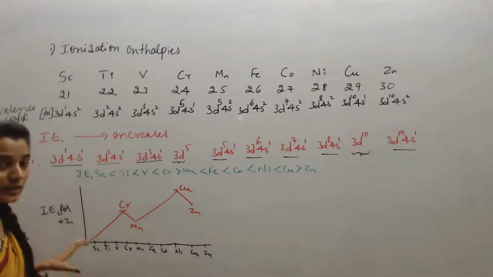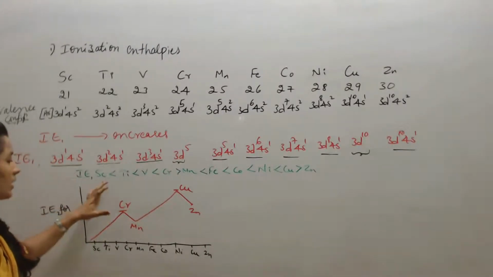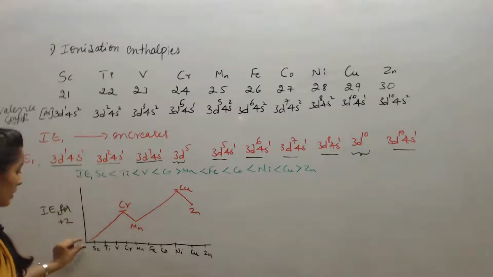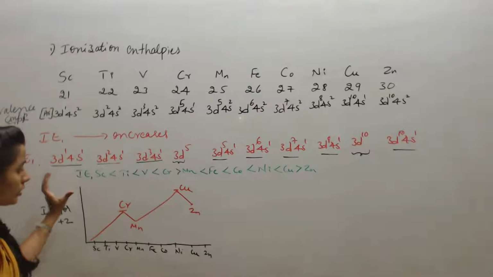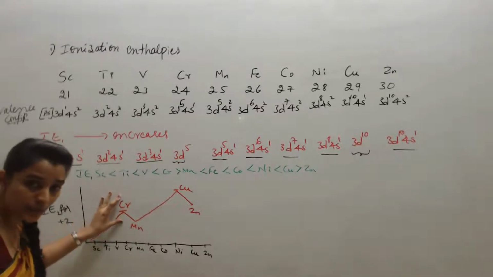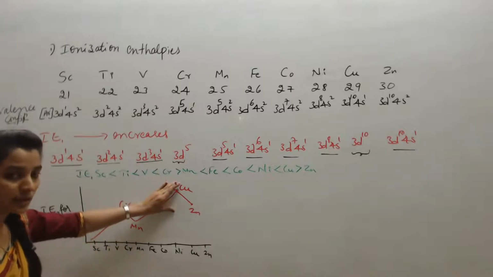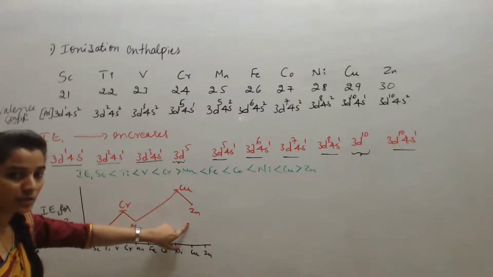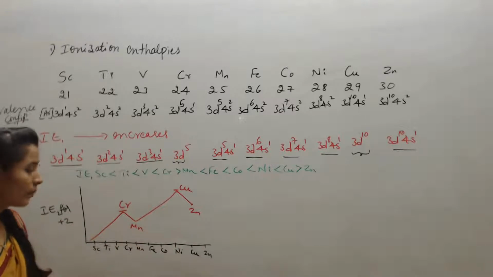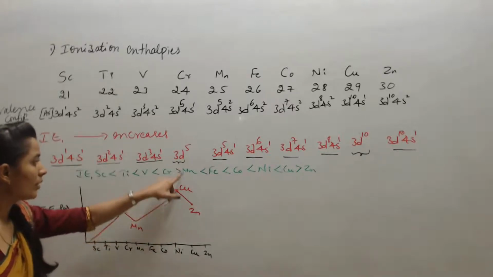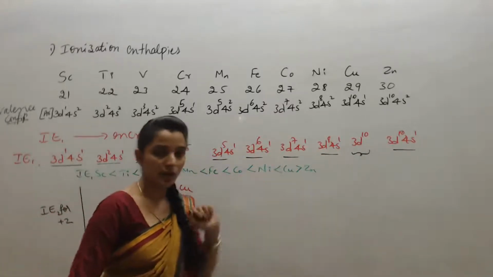Okay, so what is the trend in the second ionization energy? Along the 3d series it increases up to chromium, decreases for manganese, again increases to copper, and decreases to zinc. Why does it happen? Because chromium and copper have 3d5 and 3d10 configurations.